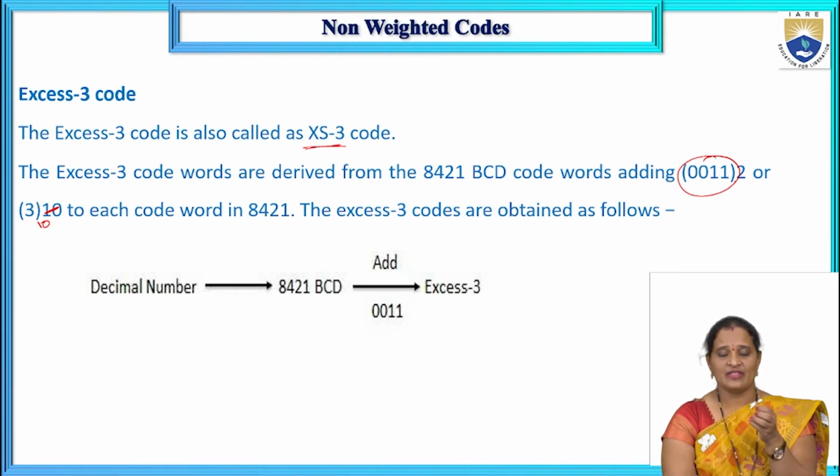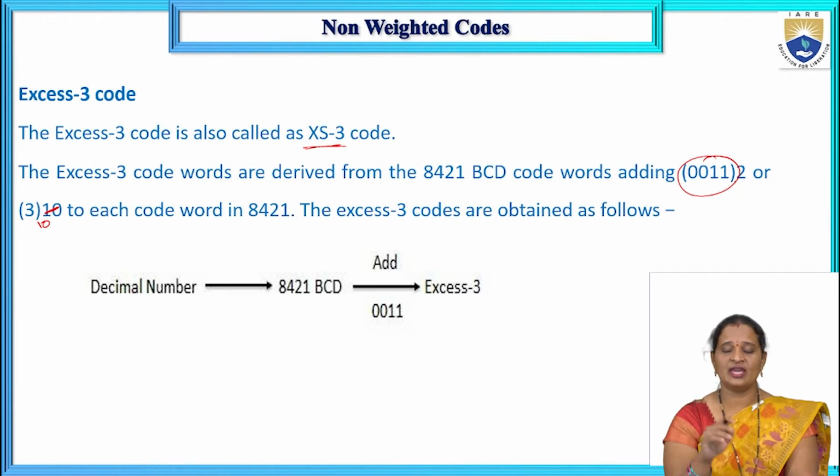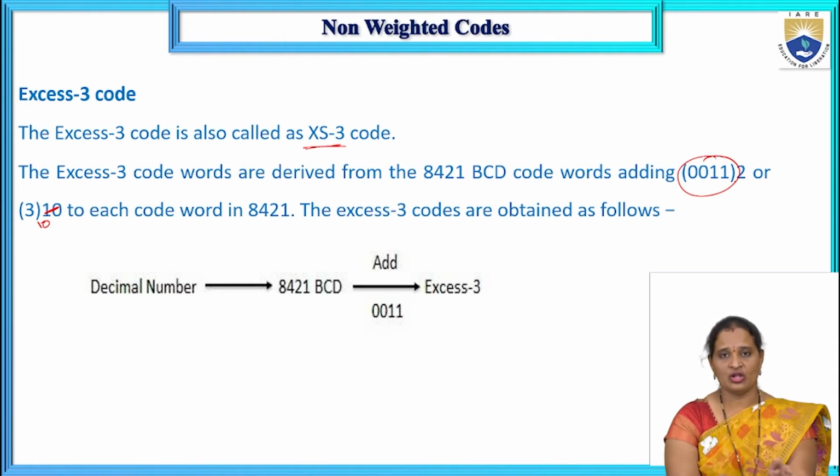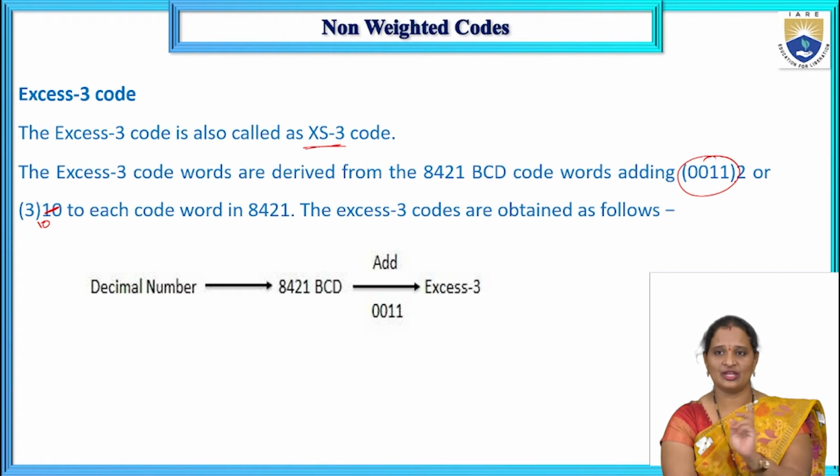So that means the XS3 code words can be obtained by adding 3 to the decimal number, or else 0011 to the BCD code. So that is why we are adding 3 extra, and that is why we call this the XS3 code.